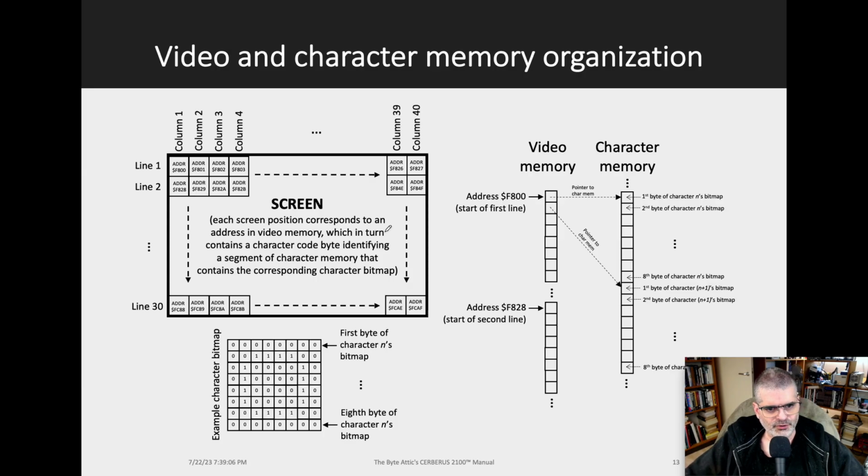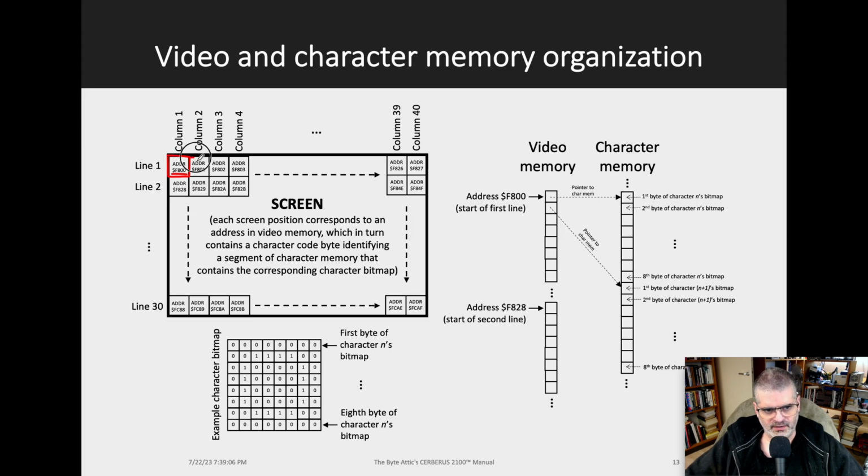All right, in Cerberus 2100, the screen is memory mapped. So every position on the screen, for instance the first character here on the top left corner, corresponds to an address in video memory. In this case, this is address hexadecimal F800. That's the first character on the screen from top to bottom, left to right.